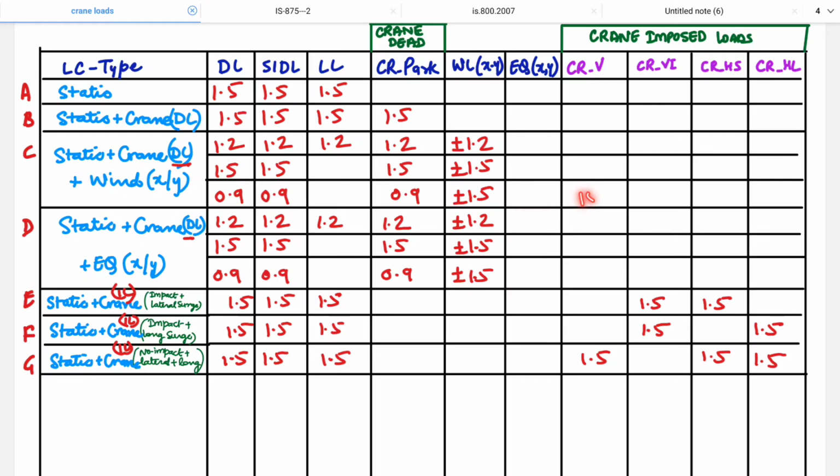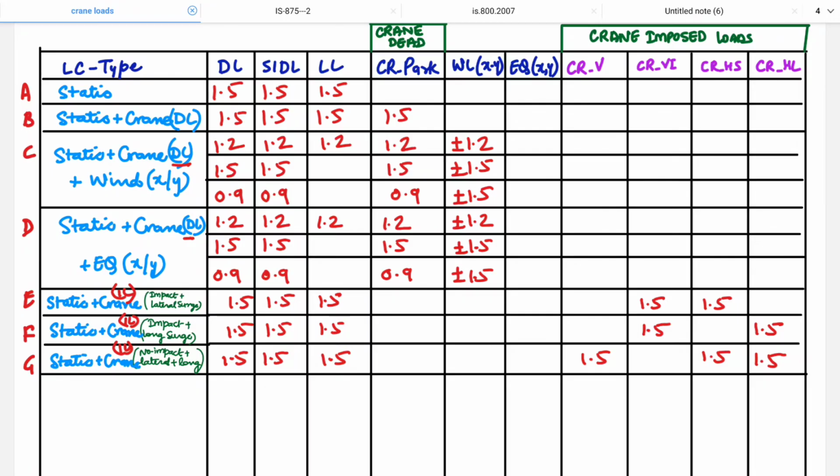Refer IS 1893 Part 1 2016 for more details on how to form the load combinations as per the 100, 30, 30 combination system in earthquake load case. And for wind, you can refer IS 875 Part 3 2015. Okay, so these are the codes.